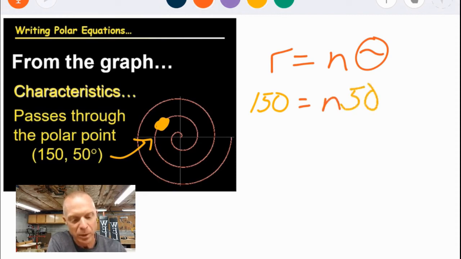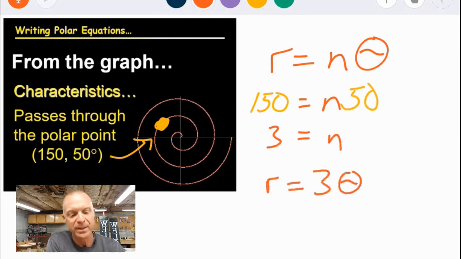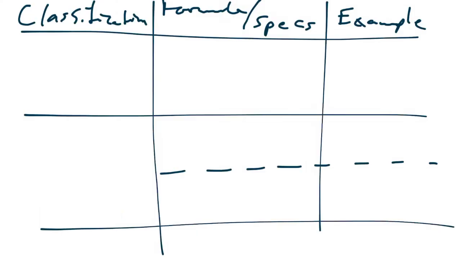And so this would mean, of course, that n has to equal 3. So r equals 3 theta, basically saying that each angle is going to be tripled to give us the radius. All right, now it's going to be your turn to complete the assignment that goes with both of these polar classification days, and that should wrap things up.